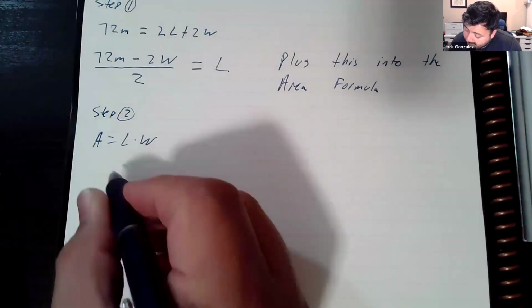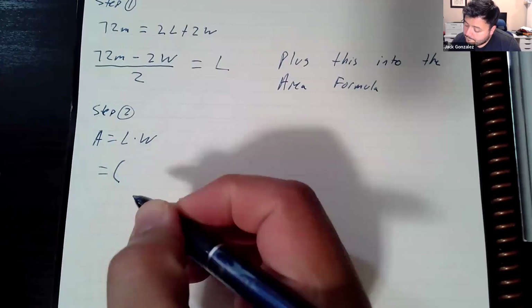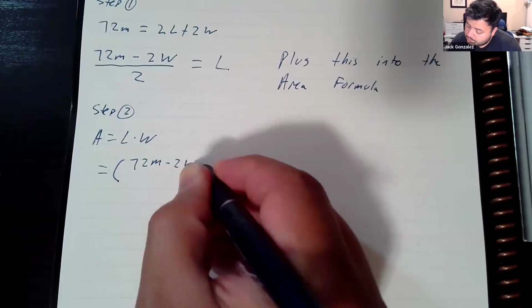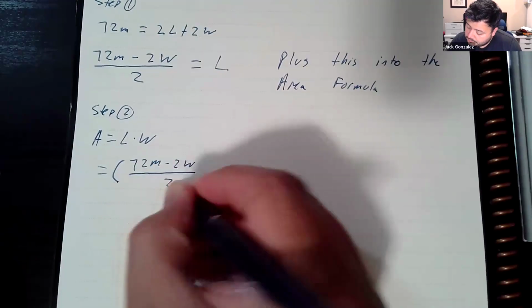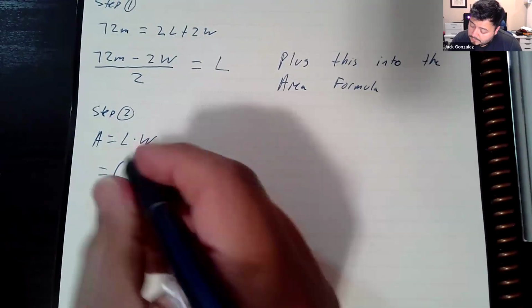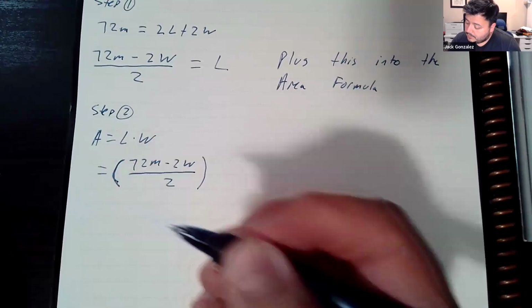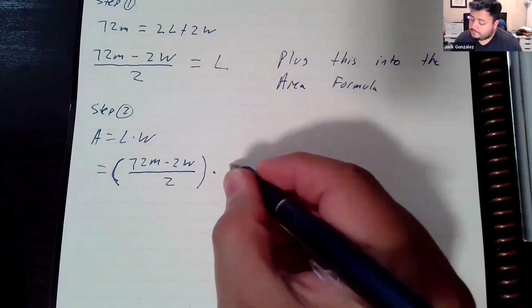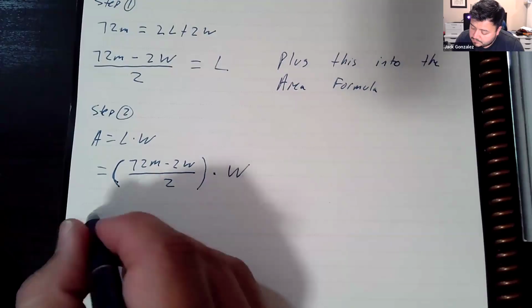This will become 72 meters minus 2W over 2, times W. I'm not going to put the meters because it's a little distracting.